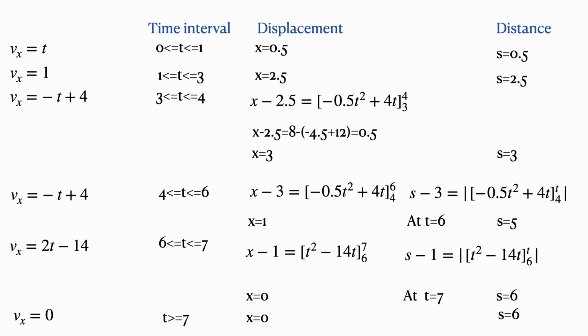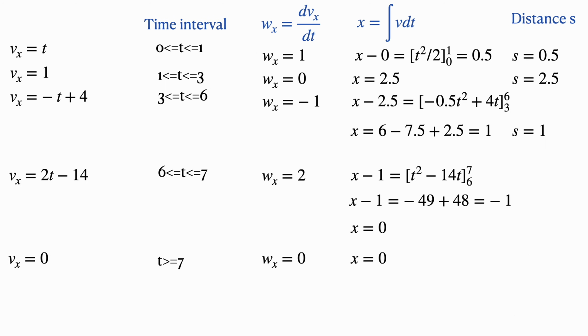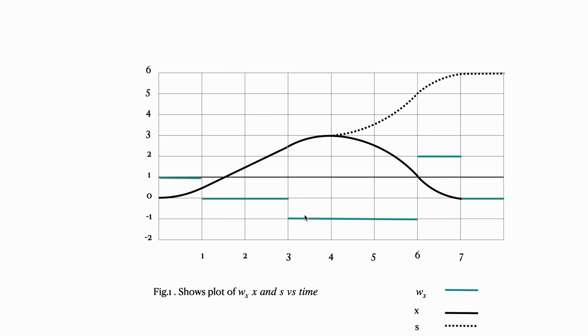So first we will plot the acceleration which is given here. We can see that acceleration has constant values in different time intervals. So considering these values, we can plot the acceleration. Here it is shown with the green line. From the value of time 0 to 1, the acceleration is 1, a constant value, so the plot will be parallel to x-axis.